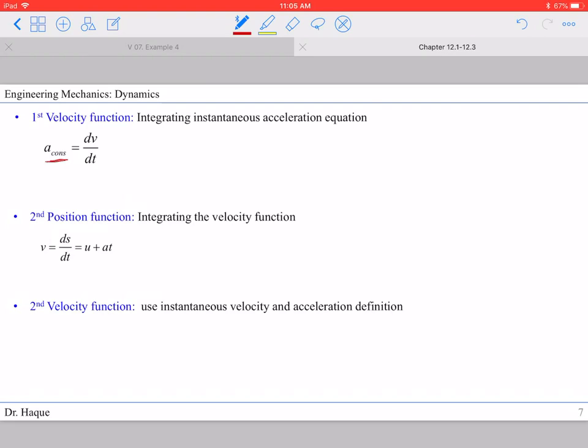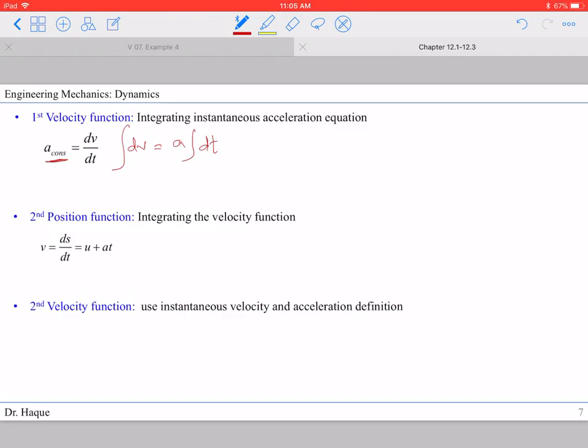So we'll take an integration of this equation. So dv over constant, so we can put the a outside and it'll be dt.